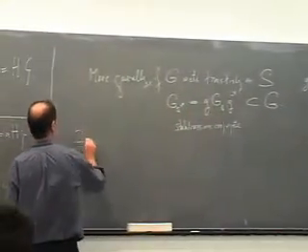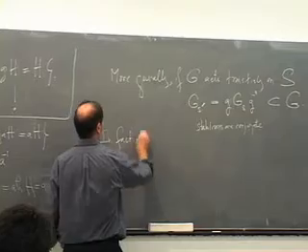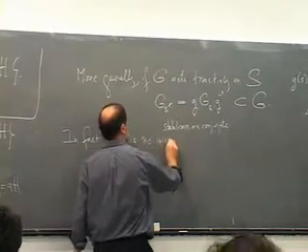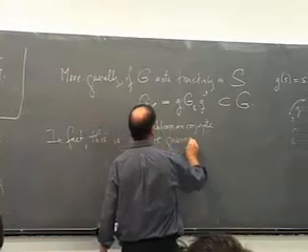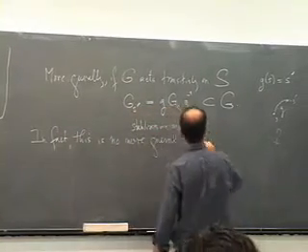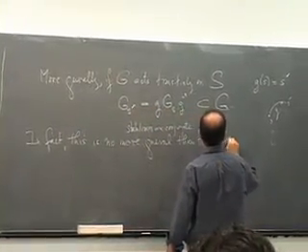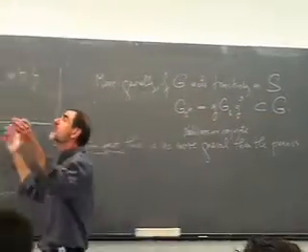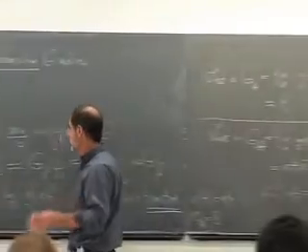In fact, this is really no more general than the previous. And this is the surprising thing I want you to take out of this lecture. So we have this very general notion of a G action on a set.